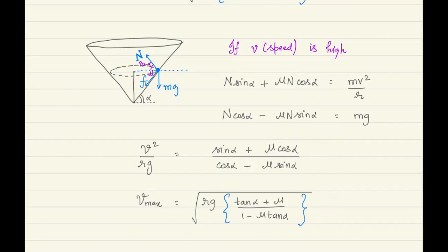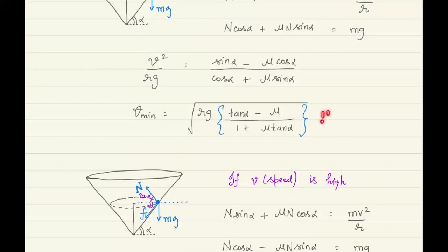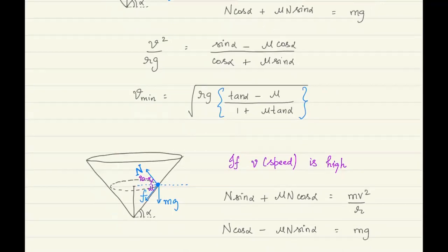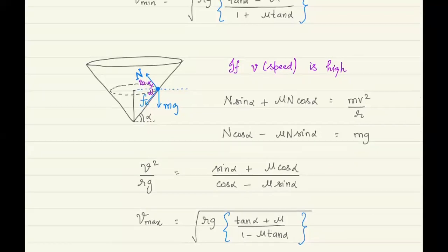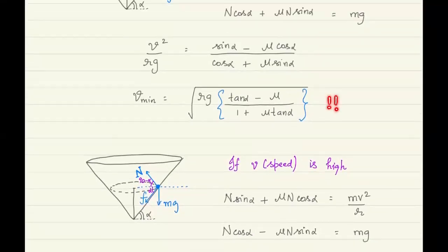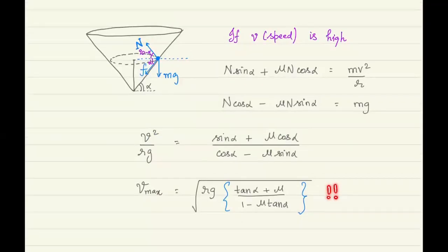If you project it with more than this speed, the particle will spiral out. If you project it with less than this speed, the particle will spiral in for a rough funnel. That's the discussion. If you can remember these expressions, fine, but you should also clearly understand that you will make the FBD.